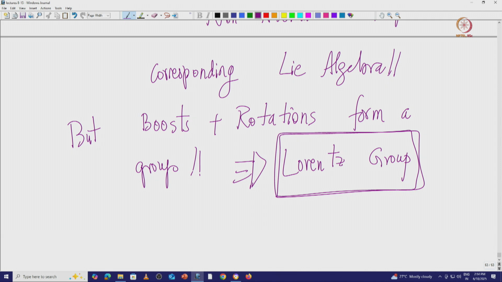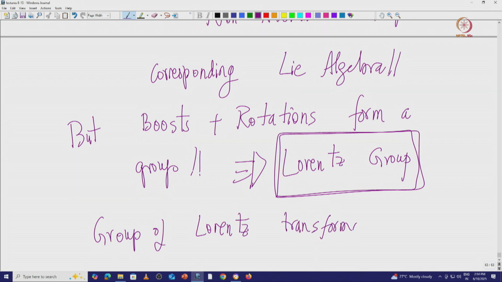This is the group which is called the Lorentz group, which is the group of Lorentz transformations.